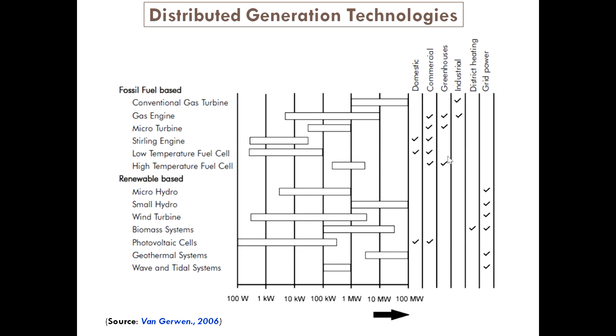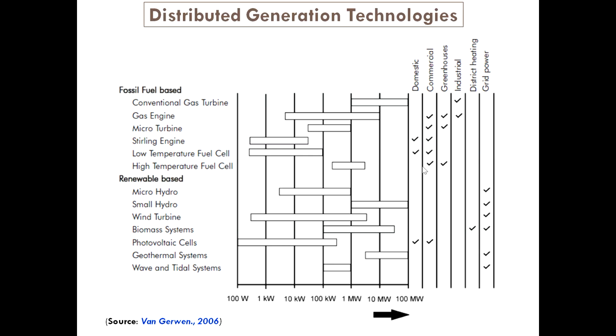And looking further into distributed generation technologies, what we find is there is a variety of technologies, and these technologies differ in terms of the primary energy source and the size, as well as the application. The diagram that we see here tries to classify the various distributed generation technologies in terms of the primary energy source, in terms of size, as well as in terms of application.